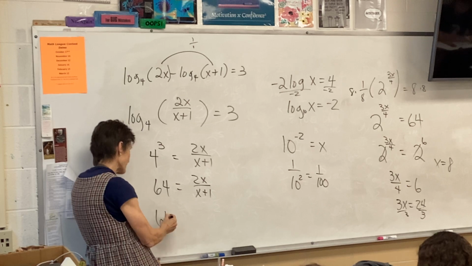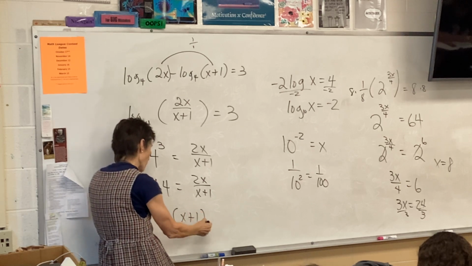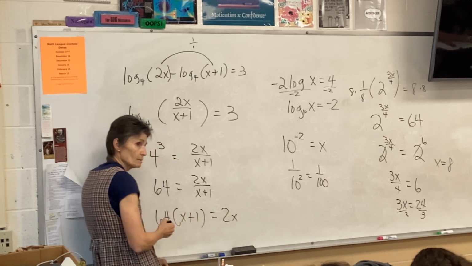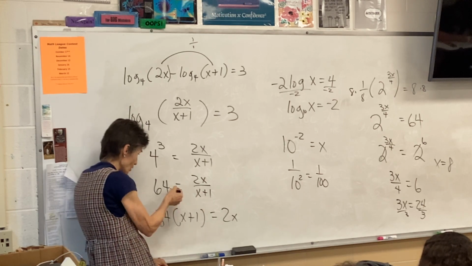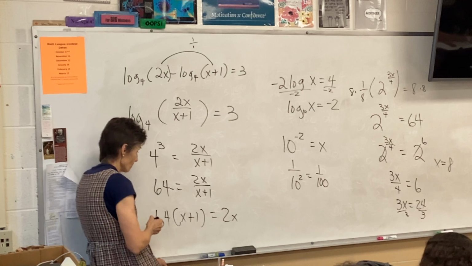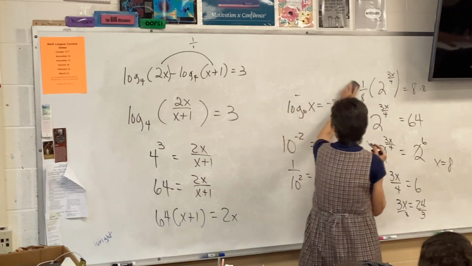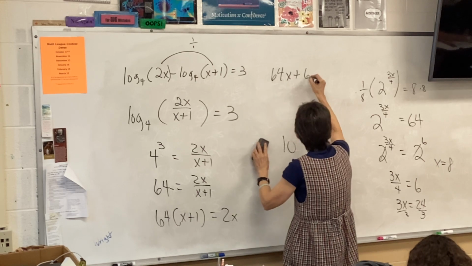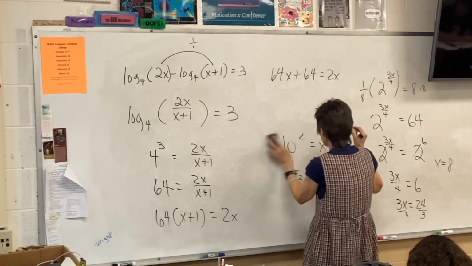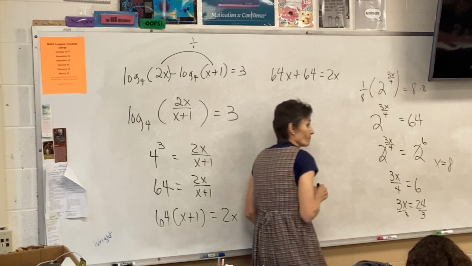So that's going to be 64 times x plus 1 equals 2x. This comes over, I times it over. So 64x plus 64 equals 2x.